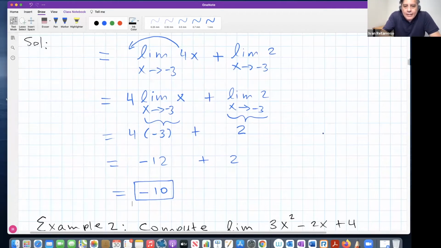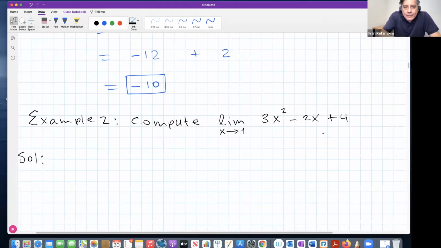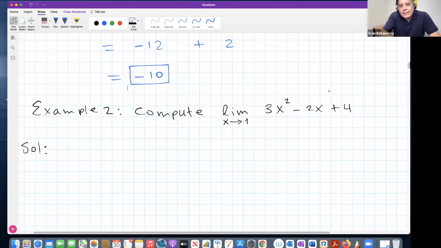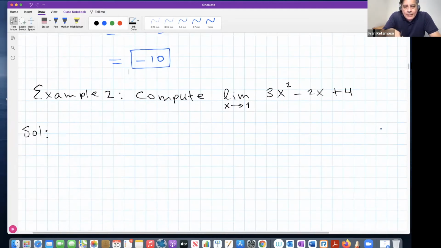Great. In example 2, they are asking us to do the same, but this now is a polynomial function, right? So let's do it again, following first all the rules, and then let's come up with an efficient way to do this. If you follow the laws that we just stated, what do you have to do there? Well, first, allow me to distribute my limit over the sums and the differences of these terms.